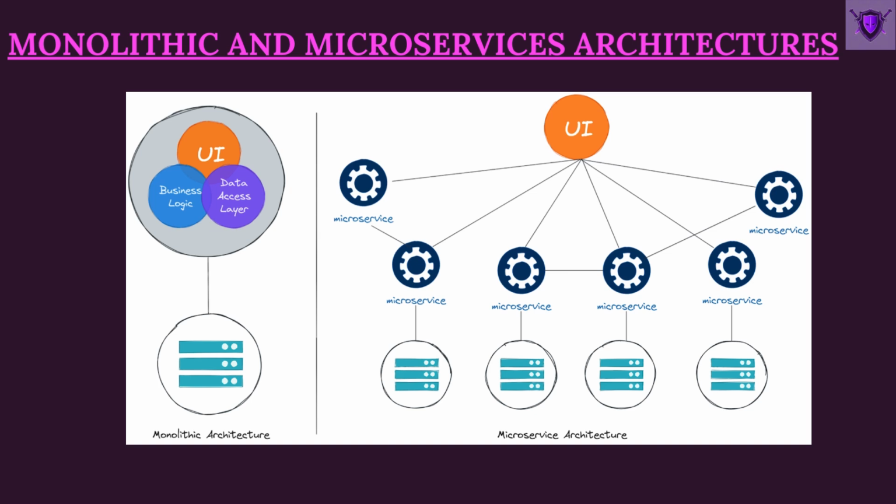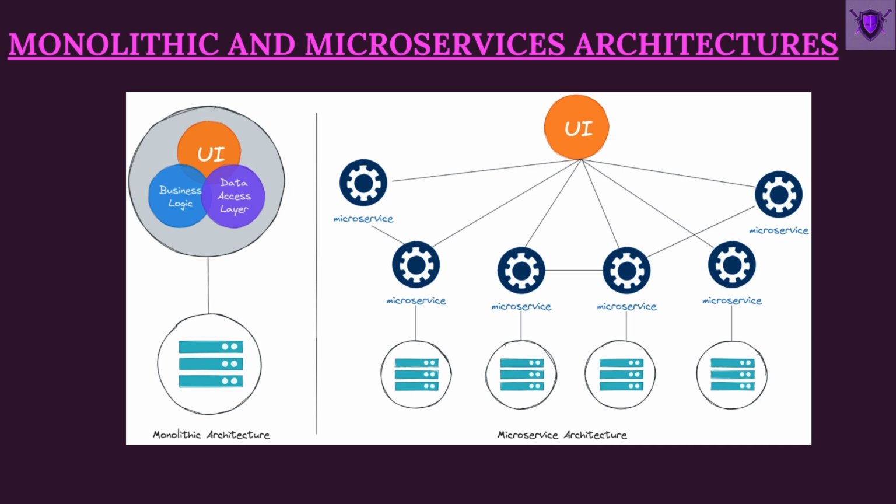For example, imagine an e-commerce application. In a monolithic architecture, the entire application, including the graphical user interface, product listing, shopping cart, checkout, order processing, everything is bundled together in one big application.